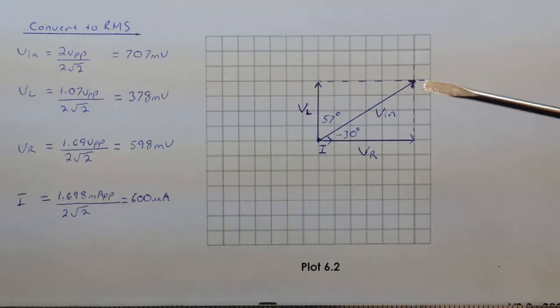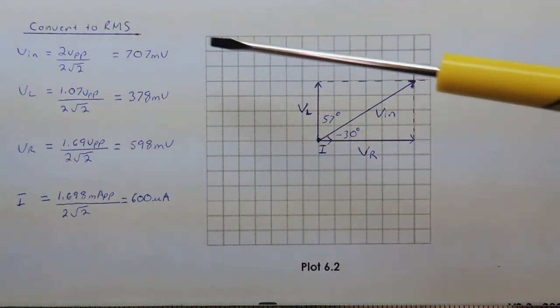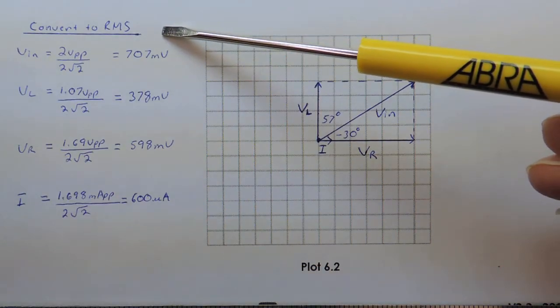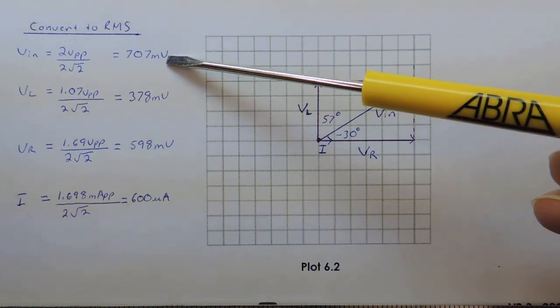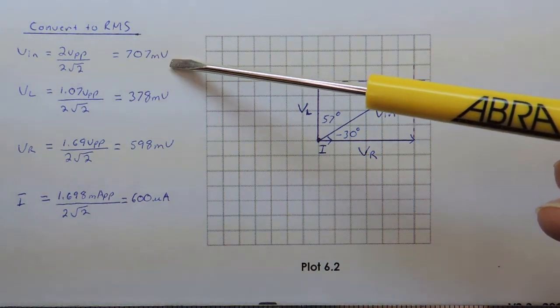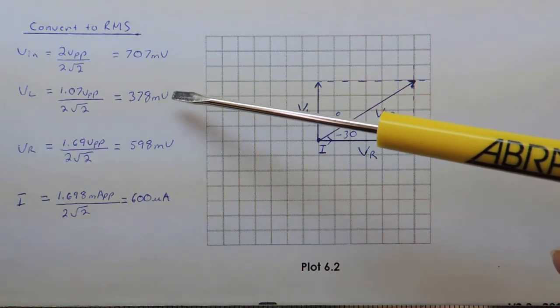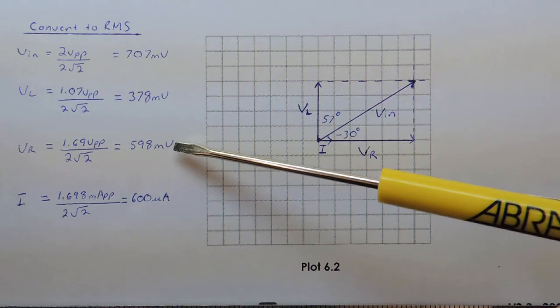So in order to plot our phasors on plot 6.2, the first thing we need to do is convert our results into RMS form. So V in was 2 volts peak to peak. You divide it by 2 root 2 and it comes out to 707 millivolts. VL was 1.07 volts peak to peak, and that works out to 378 millivolts.